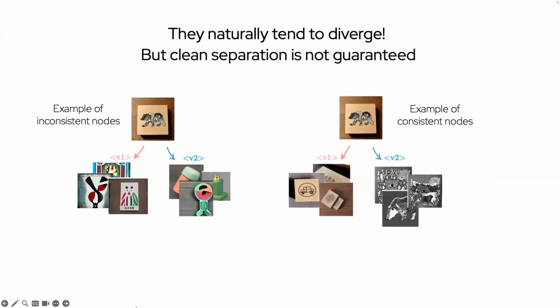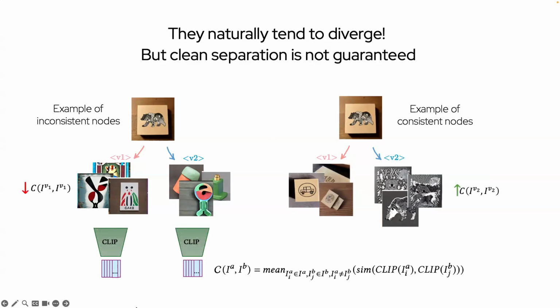Okay, but note that this perfect separation is not always guaranteed. So often we find that even though the two vectors always diverge from each other, sometimes they converge to some incoherent concepts or vectors in this latent space. This means that if we will use them to generate images, we'll get a bunch of random images. And we have an automatic way to filter that thanks to CLIP.